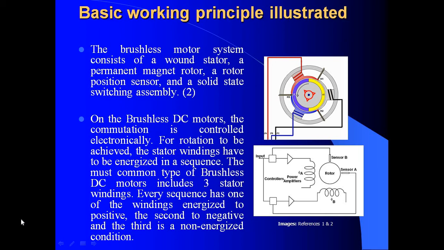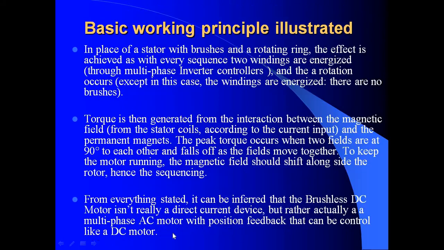The stator windings have to be energized in a sequence. The most common type of brushless DC motor includes 3 stator windings. In every sequence, one of the windings is energized to positive, the second to negative, and the third is in a non-energized condition.